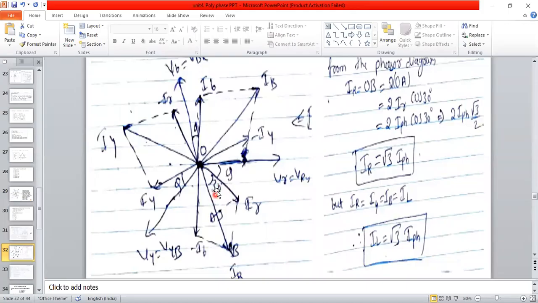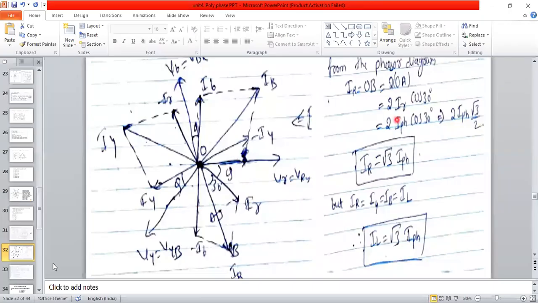So this is adjacent, this is opposite and hypotenuse. So cos 30 you will get at this angle. IR cos 30 we have to write. Cos 30 is root 3 by 2 and this is 2 IR. IR is the phase current. So 2 gets cancelled. I phase into root 3 is nothing but root 3 into I phase. Same equation we can derive in this method also. Which one is easy, you can follow that one.